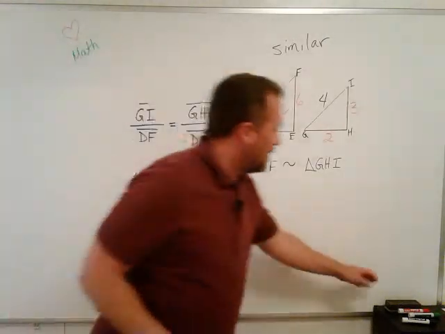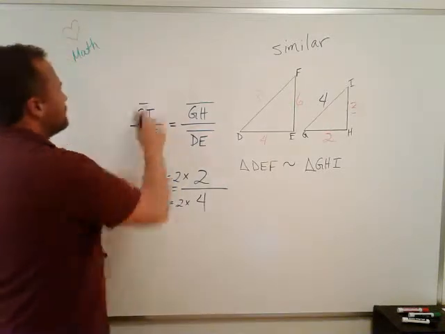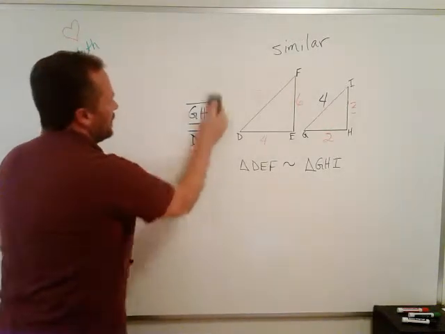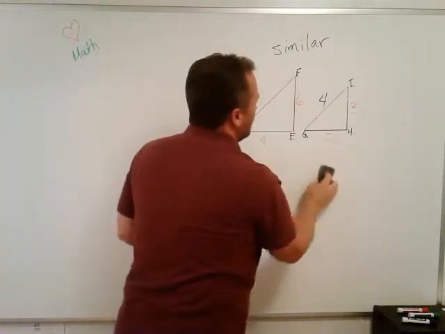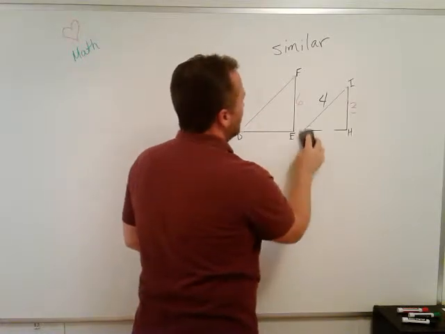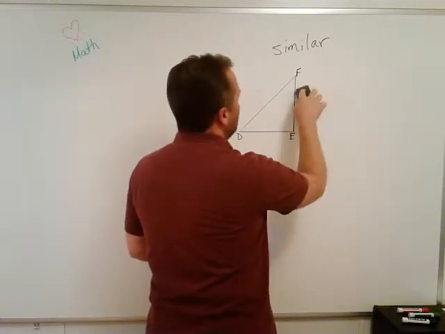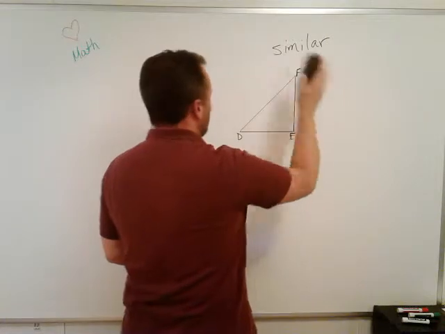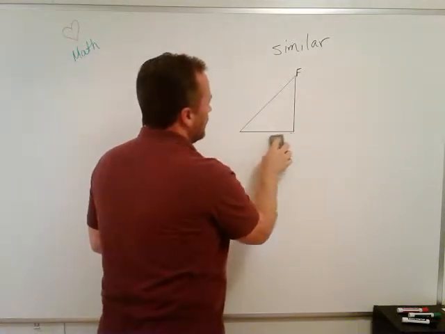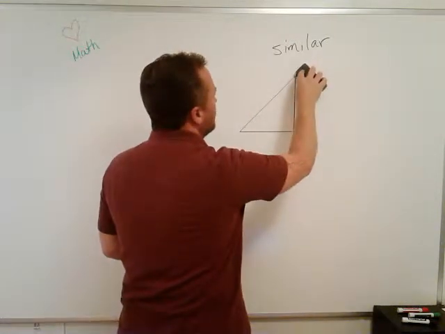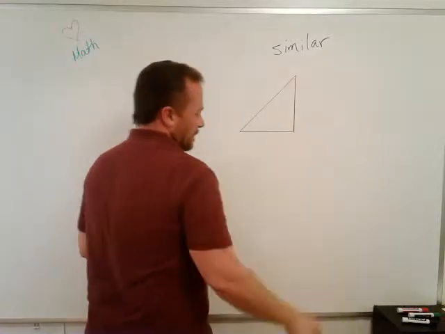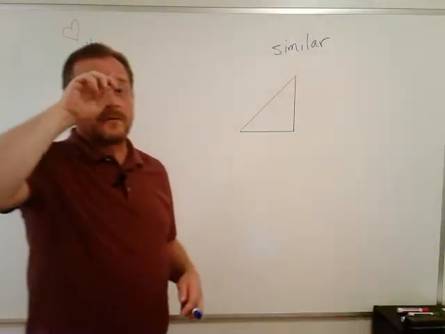All right, I'm going to clean this up a little bit. Get rid of some of these measures. I'm actually going to get rid of this small triangle, but I'm going to keep the big one. So if you want to go ahead and draw one more triangle, don't make it too small, because here's what I'm going to do.